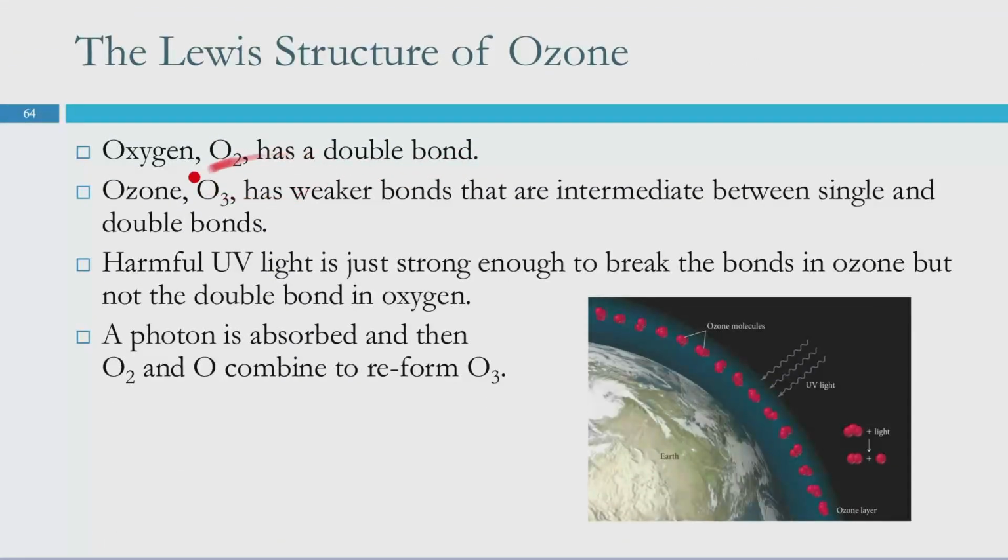Oxygen has a double bond. Ozone has weaker bonds that are an intermediate between single and double bonds. So UV light from outer space, from the sun, from other stars, when it hits ozone molecules in our upper atmosphere, that energy gets absorbed into those intermediate strength bonds, and it can break the bonds in ozone.